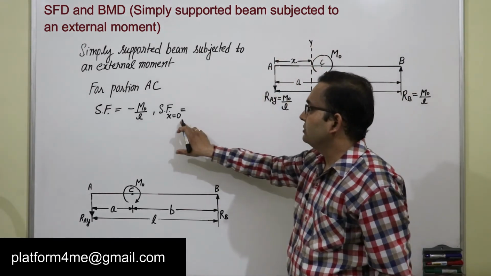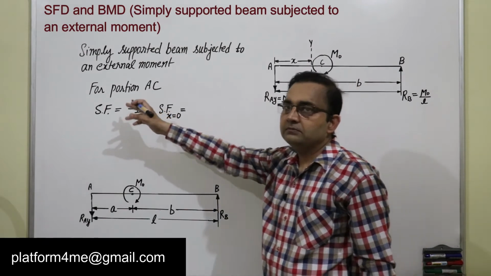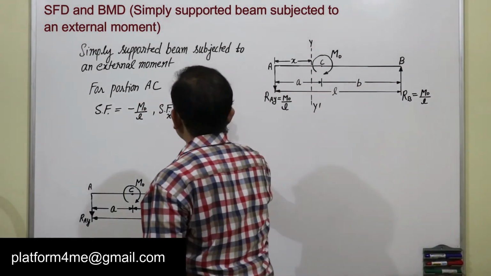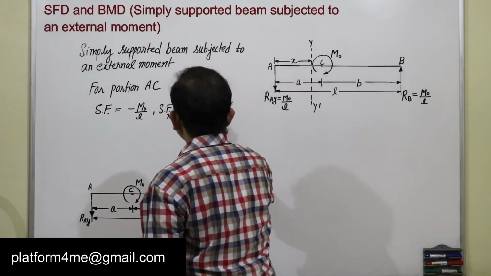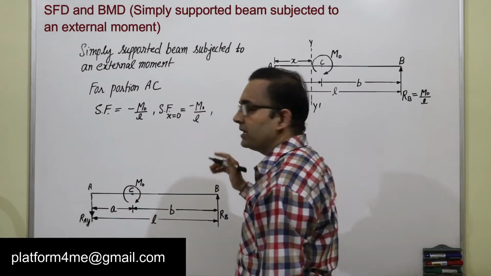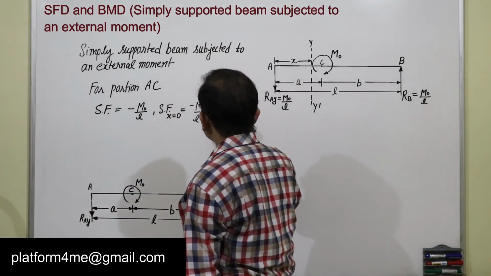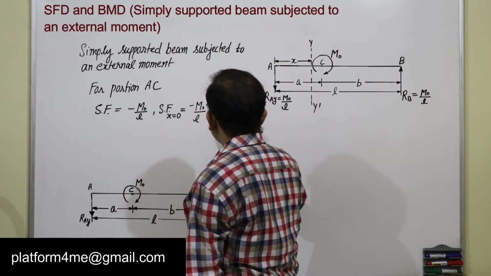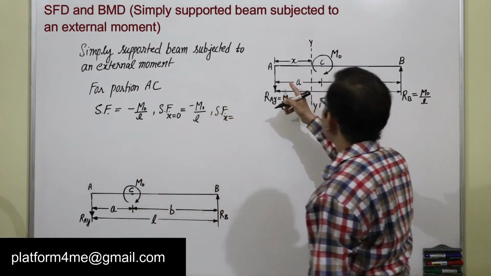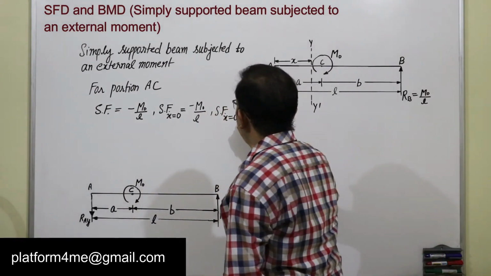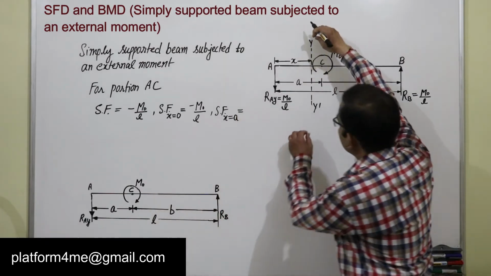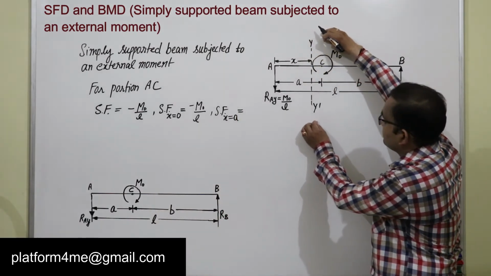So at x equal to 0, shear force is same, minus m0 upon L, and shear force at x equal to A, we will bring this section to this side.